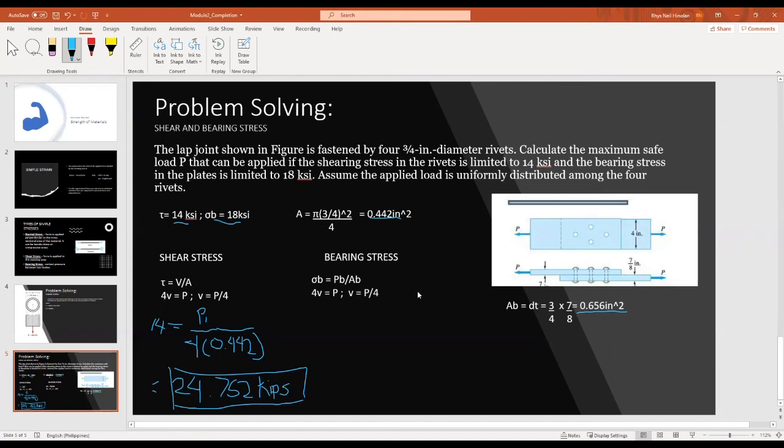Our bearing stress here is 18 ksi, which is equal to P2 over 4 multiplied by AB, which is 0.656. After solving this, we get 47.232 kips.